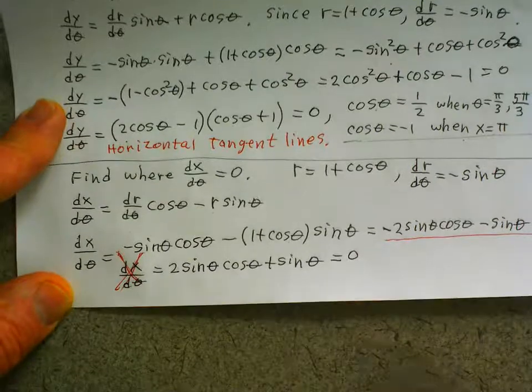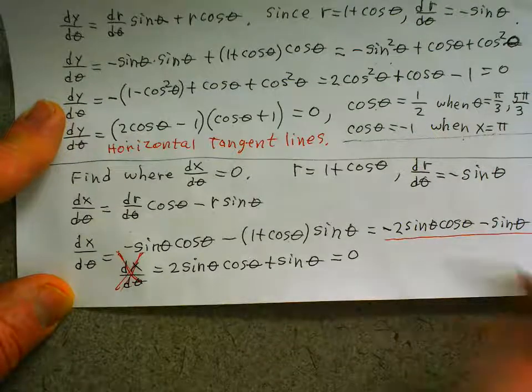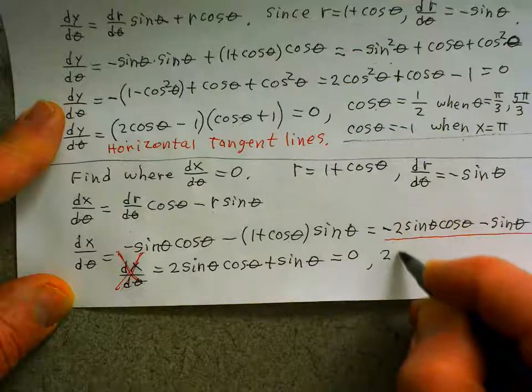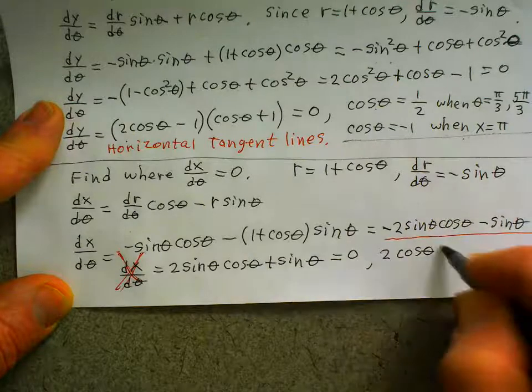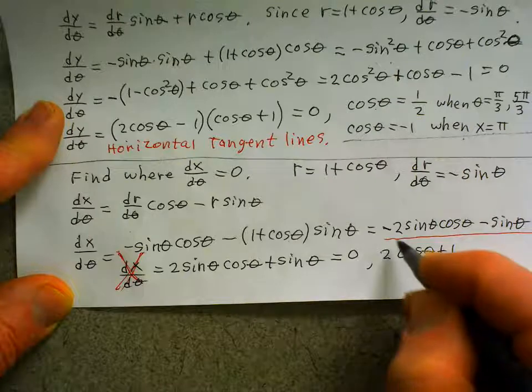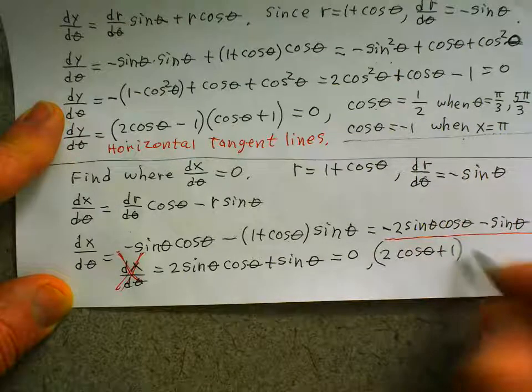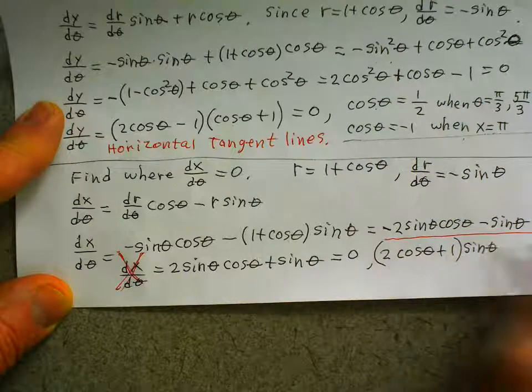And then factor sine of theta out, and we get 2 times cosine of theta plus 1, times sine of theta equals 0.